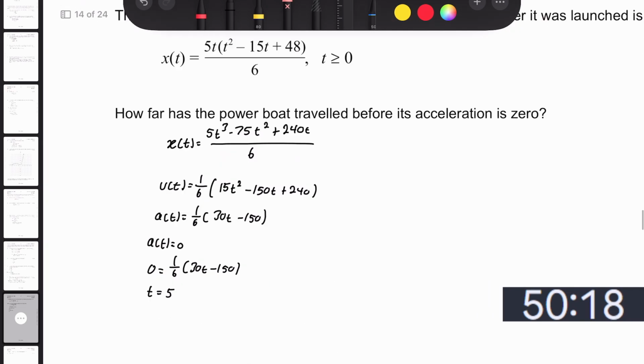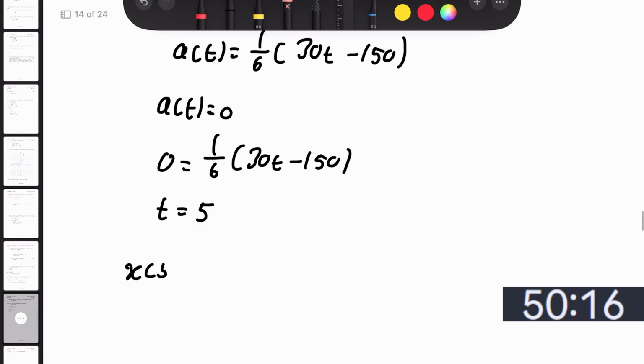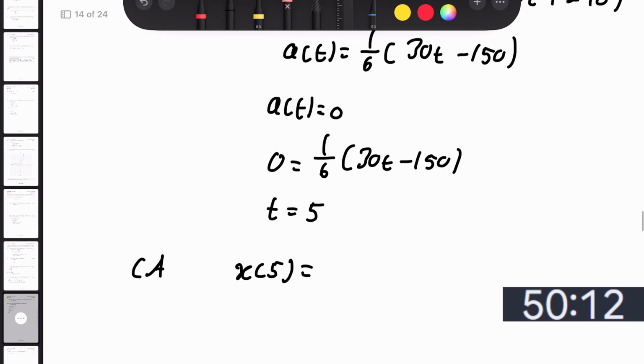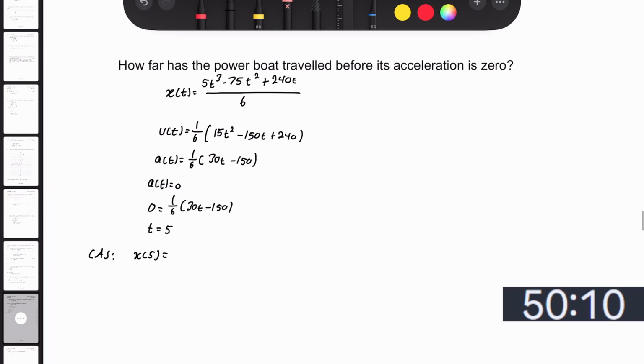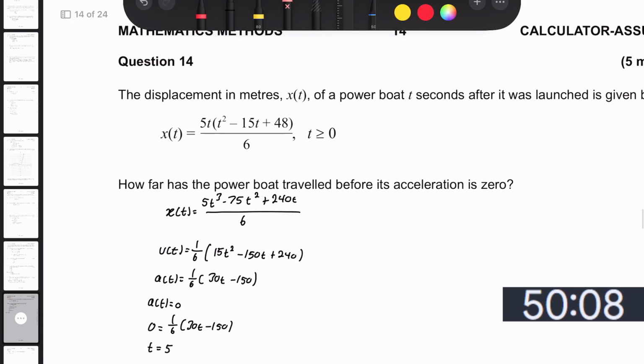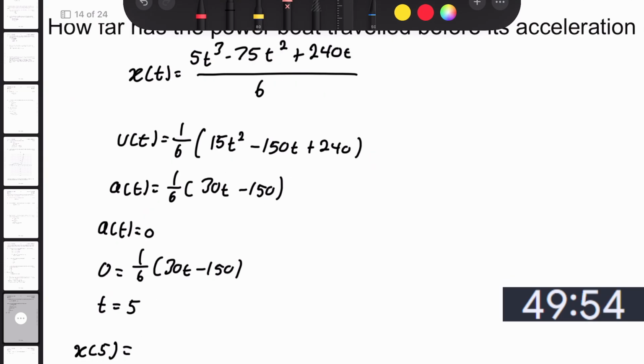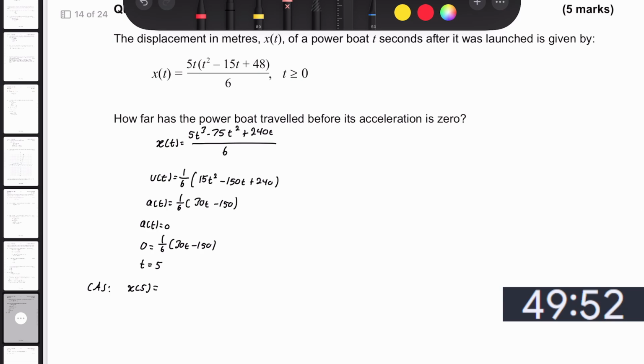So then x of 5, I'm just going to put this in a calculator. So CAS: 5t cubed minus 75t squared plus 240t, all over 6. Given that t is equal to 5, it has traveled negative 8.3.